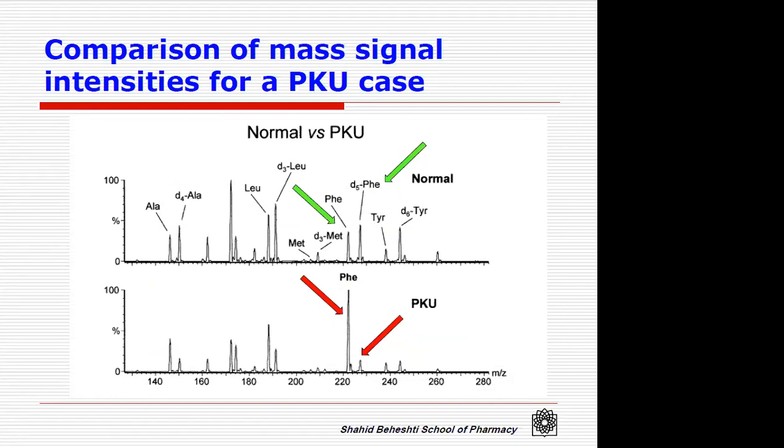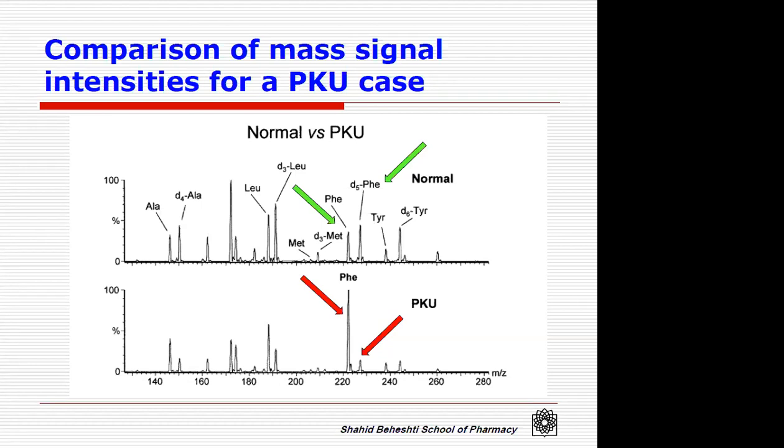The top mass spectrum is the result of the injection of a normal sample, that means a healthy baby, in which you have two signals, one for natural phenylalanine on your left by the green arrow, and the labeled phenylalanine, called D5-phenylalanine because it has 5 deuterium in its structure, on your right by the green arrow.